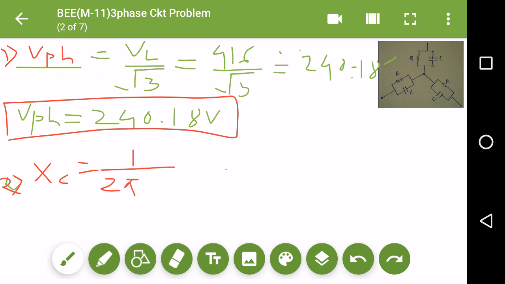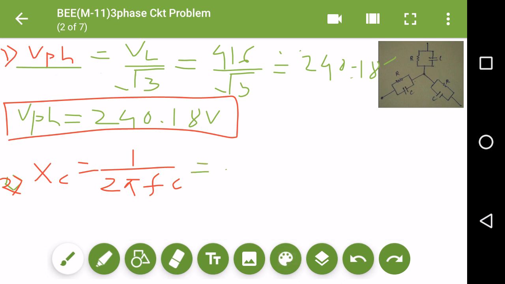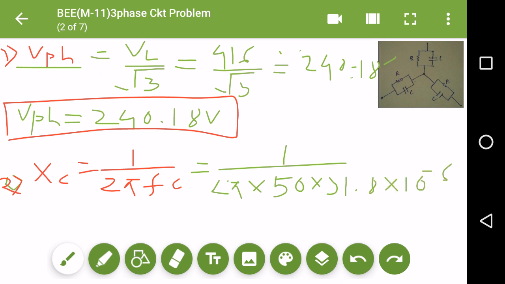The second thing we need to find is the capacitive reactance Xc, and it is given by 1 upon 2 pi fC. By substituting the values: 1 upon 2 pi is a constant, the frequency is 50 hertz, provided in our question, and the capacitance is 31.8 microfarads, that is 10 raised to minus 6.